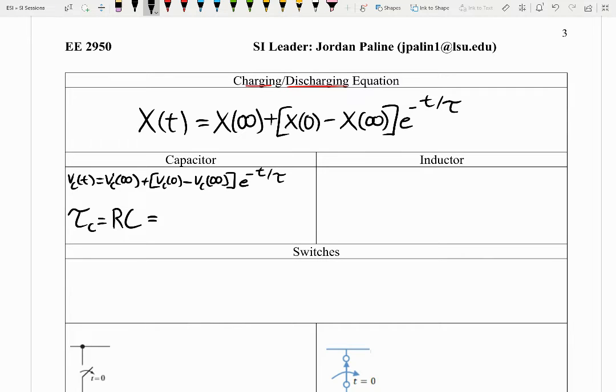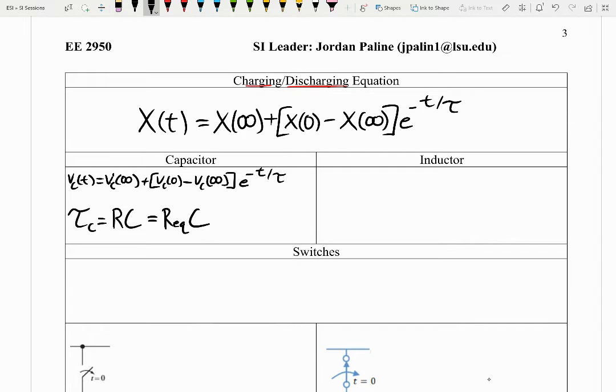And say if we have a bunch of resistors, it's going to be R equivalent times the capacitance value, because we're going to be dissipating all of our voltage across all of the resistors, and we need the equivalent resistance.